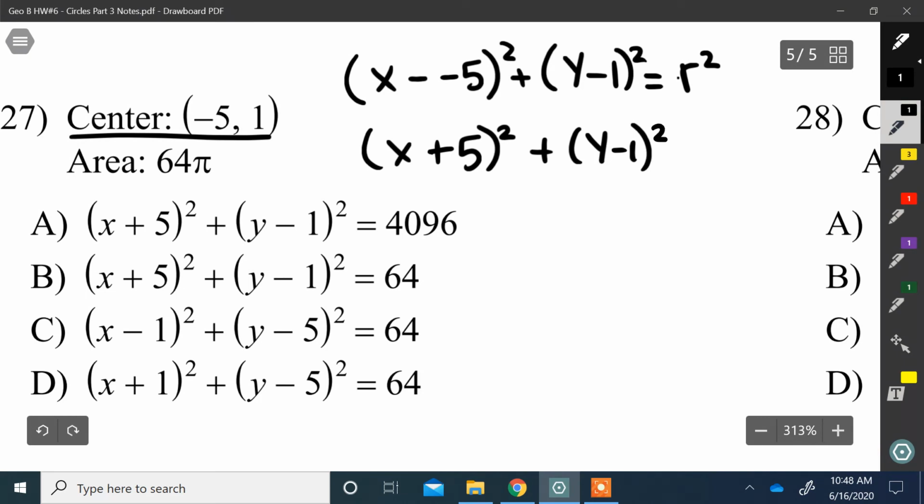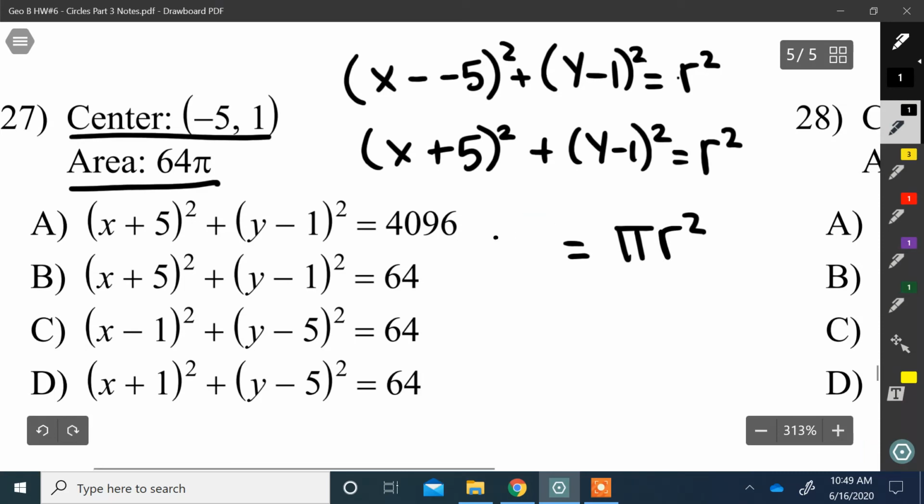So I'm almost done with the formula. It's just that I'm not sure what r squared is, but we can get it through the area. I know that the area of a circle is pi r squared. Okay, so the area in this circle is actually 64 pi.